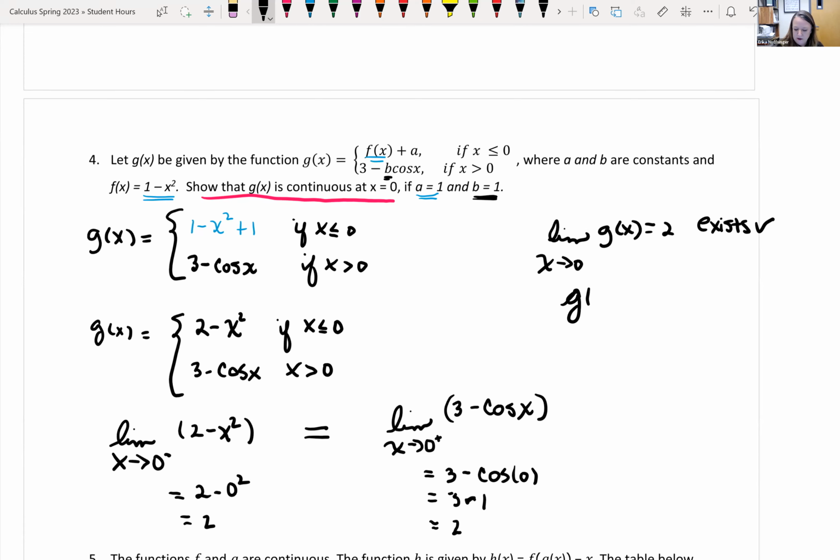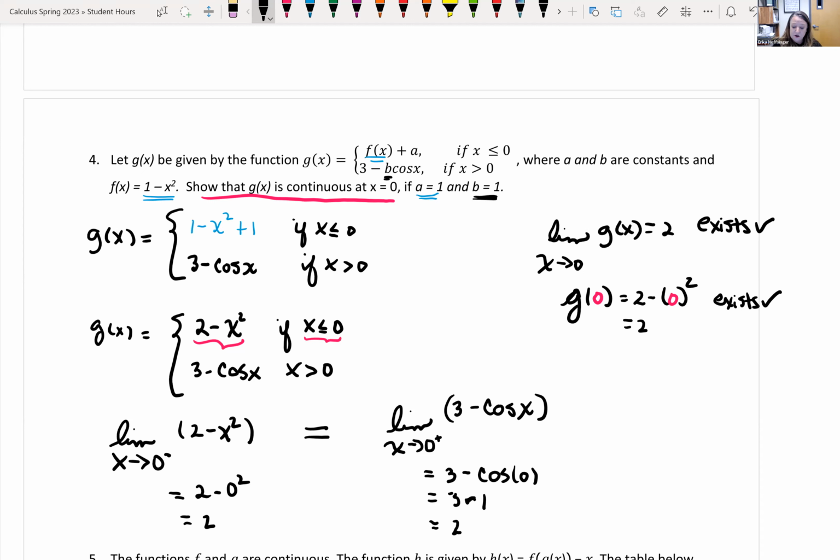G of 0. So if I went in and plugged in 0 where I saw an x, well, it tells me in this case, if x is 0, this tells me to use the first equation. So this is equal to 2 minus 0 squared, which is 2. So g of 0 exists.